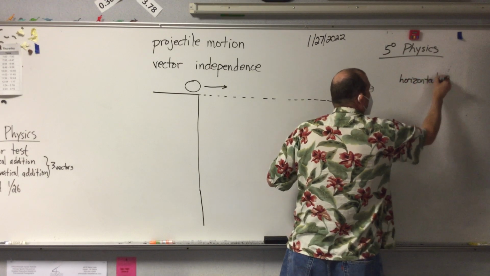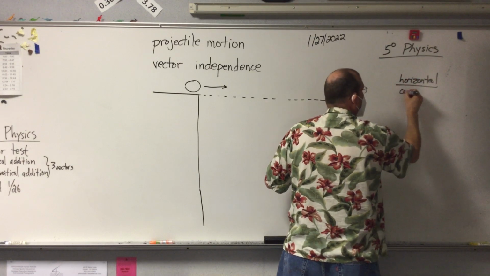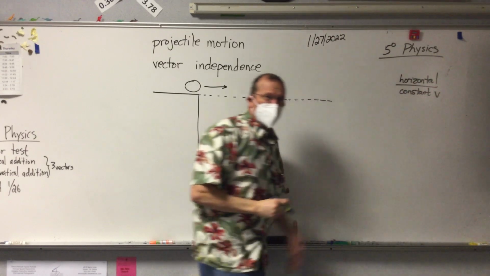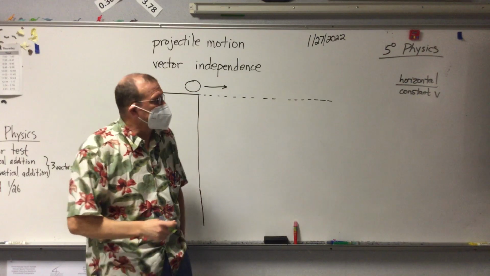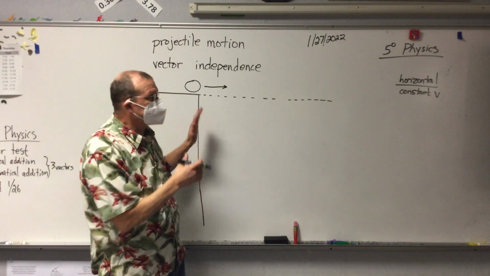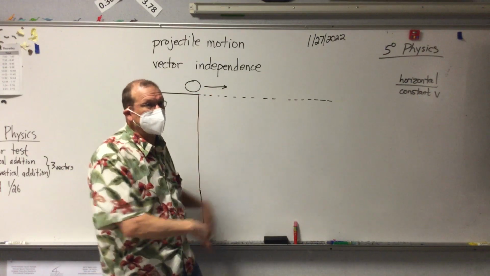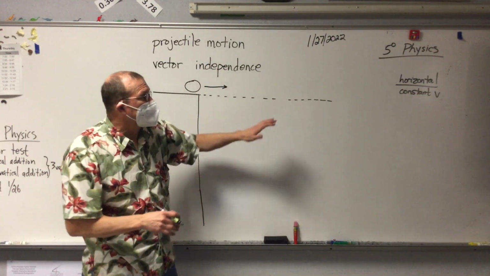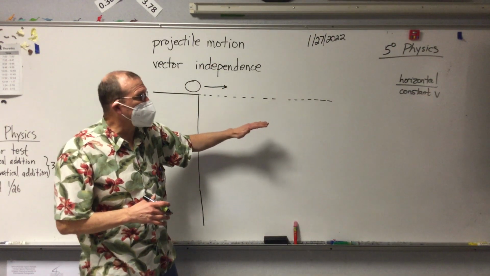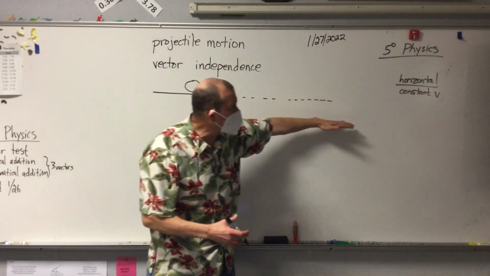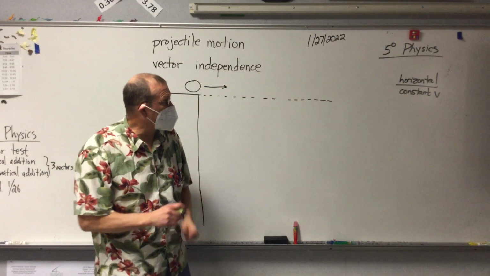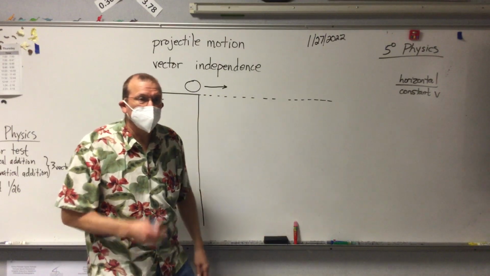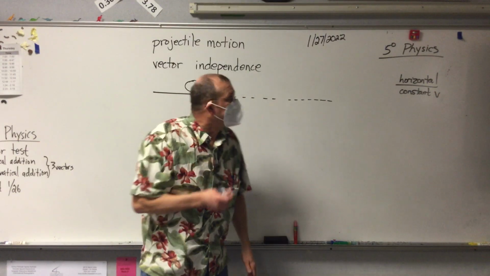Horizontal. One of the things that you'll need to remember is that when we talk about projectile motion, and it's two-dimensional, things will be moving up and down and side to side simultaneously. But when we look at the behavior of the object horizontally, as it goes through its pathway, it will always be moving with a constant velocity.